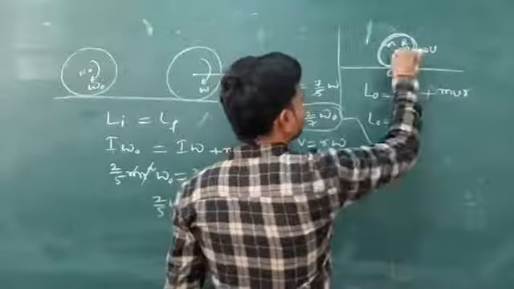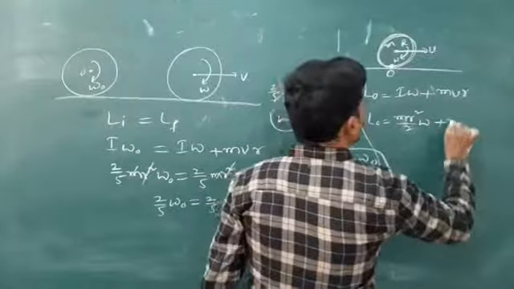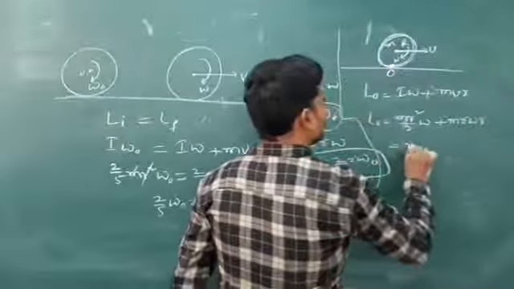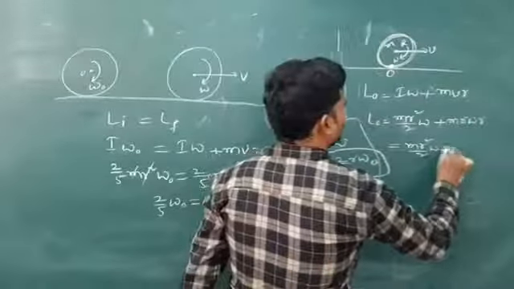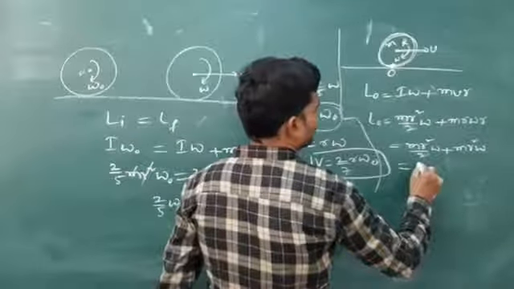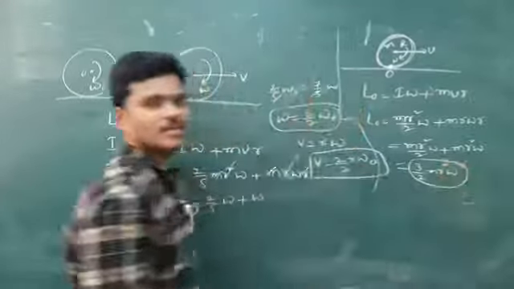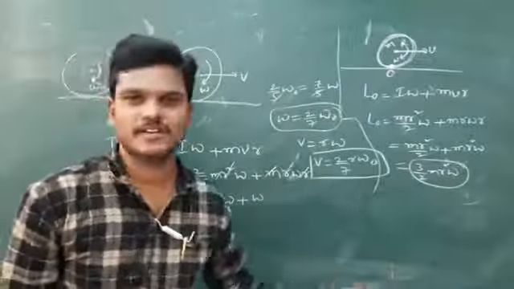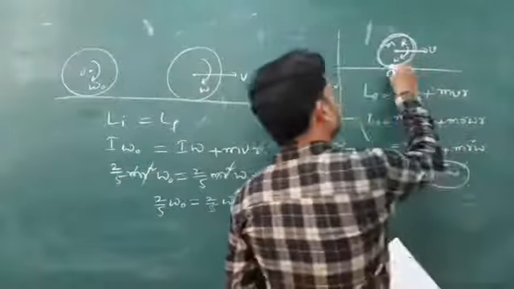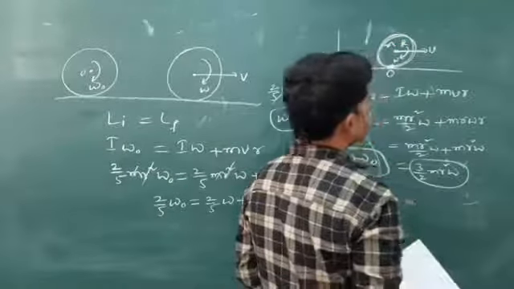So for a disc, I omega is m r square by 2 omega, and mvr, v is equal to r omega, so m r square omega. So based on the given problem, 1 by 2 plus 1, this is 3 by 2 m r square omega. Okay, so based on the given question, you extend this type of answers. Here angular momentum about this point is due to translatory motion.